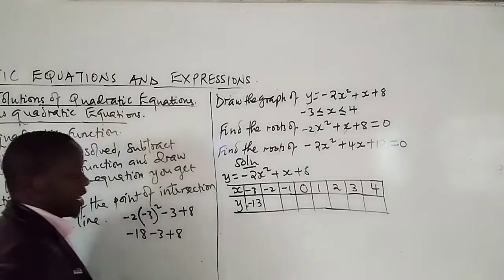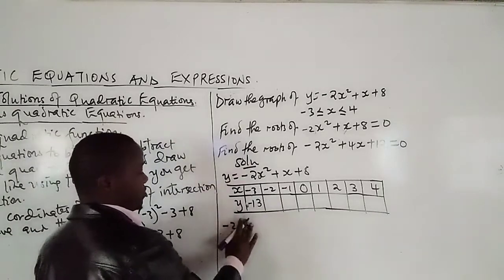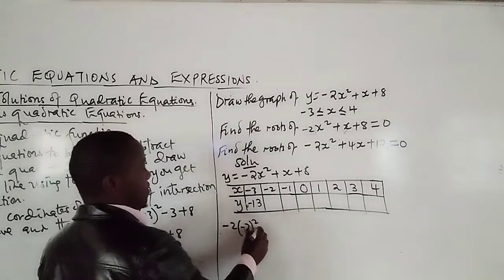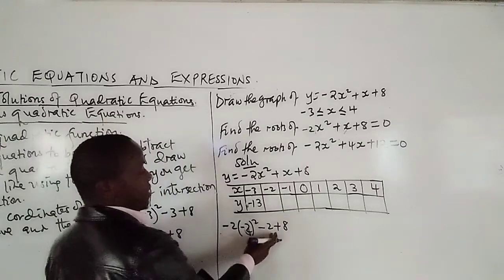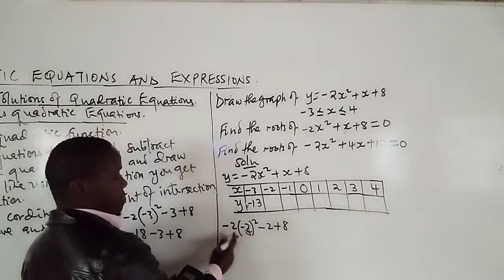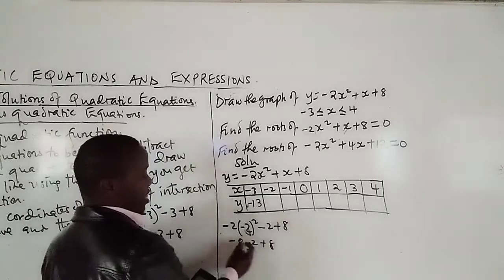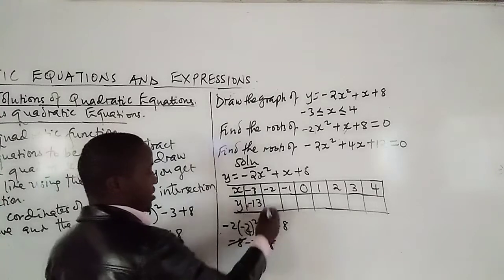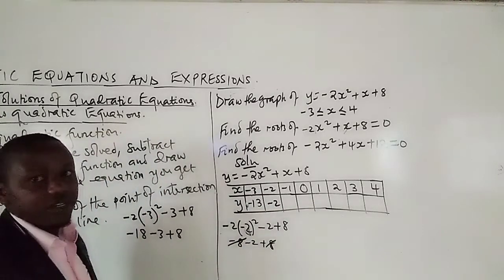Then when x is negative 2, we shall have y as negative 2 into negative 2 squared plus negative 2 plus 8. So this is positive 4 by negative 2, we get negative 8 minus 2 plus 8. Negative 8 plus 8 is terminated, so we get negative 2 as the answer.